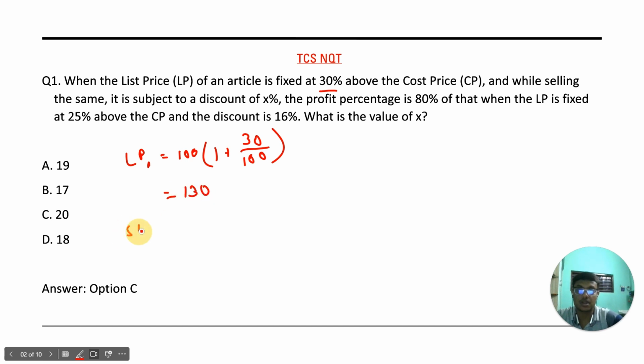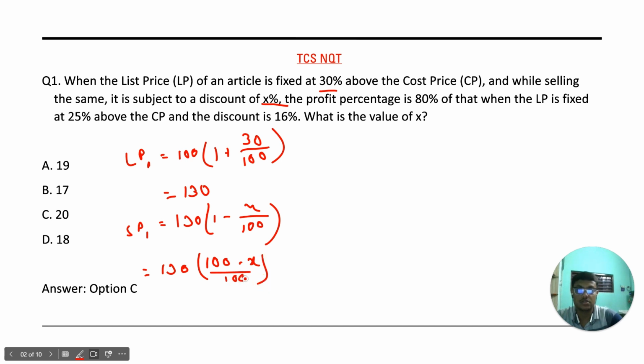The selling price for case 1 can be calculated as 130 into 1 minus x by 100, as we have x% discount provided. So we have 130 into 100 minus x by 100. So the 10s can be cancelled, which is equal to 13 by 10 into 100 minus x.